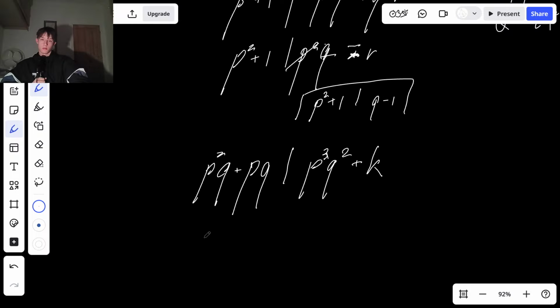Divide this all by pq, and get p plus 1 must divide pq, p squared q, right, pq pq, plus some k prime. And since k prime divided k divided p q squared, it's like either 1 or p.